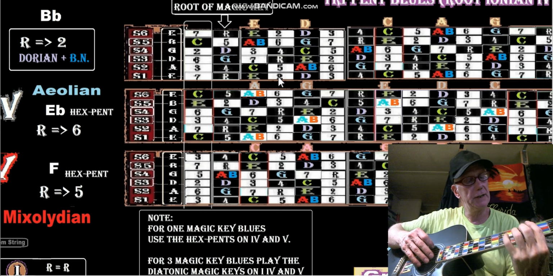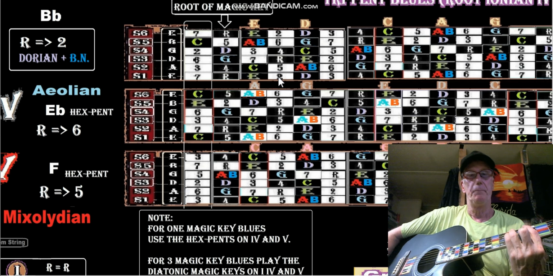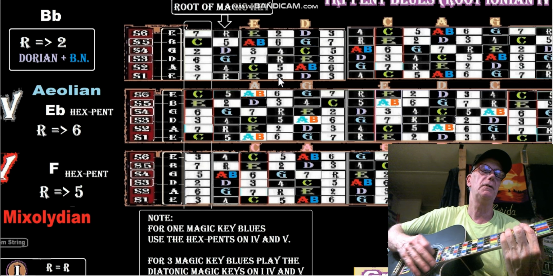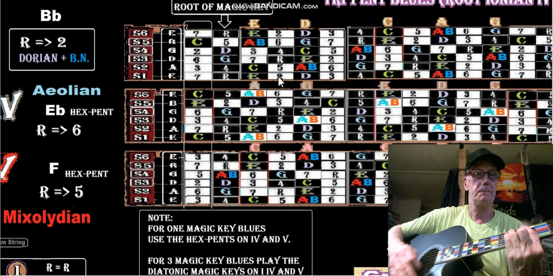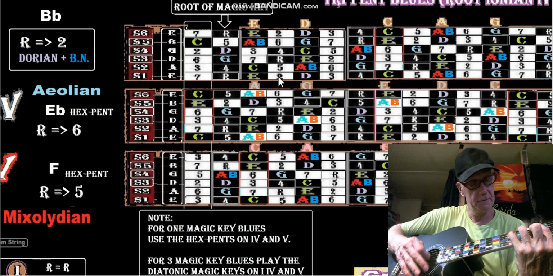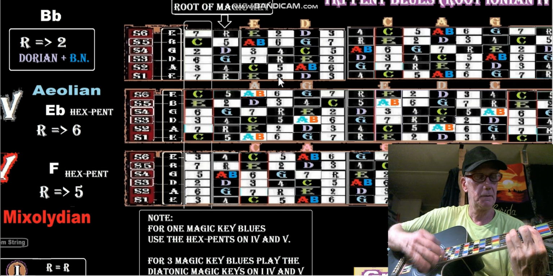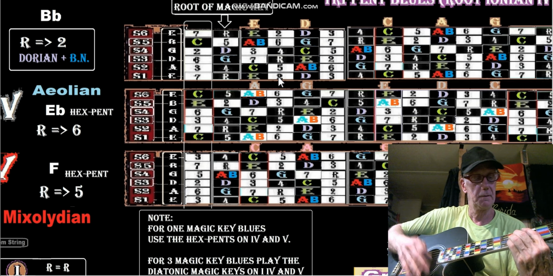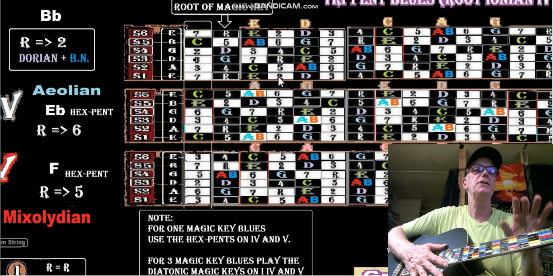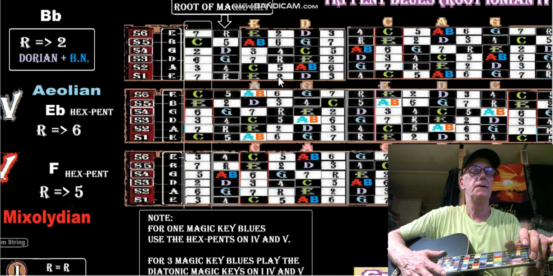So let's say you got something like this. Now forget about the key of C for a second. Say we're doing the key of F. There are 3 shapes right there.